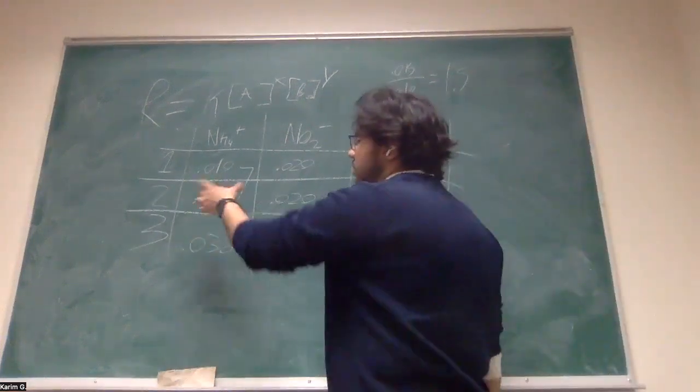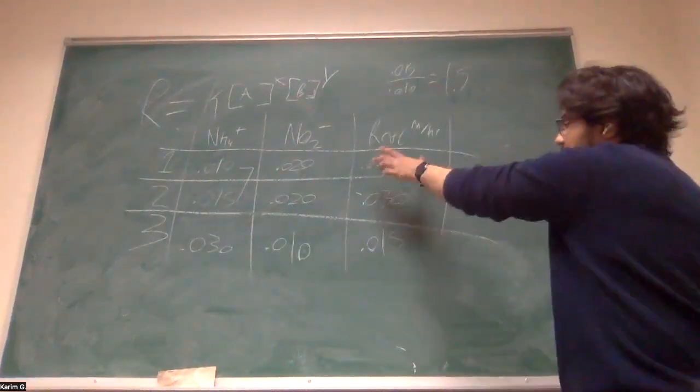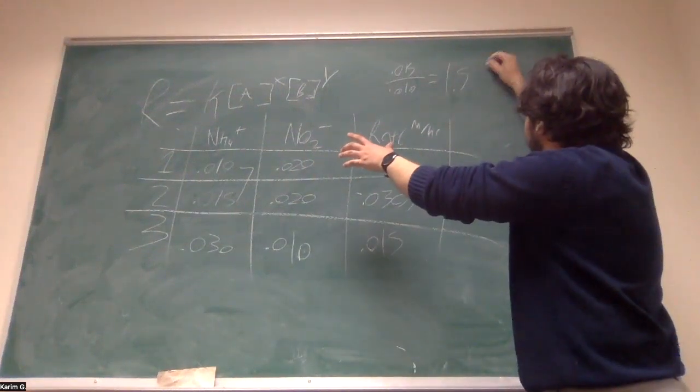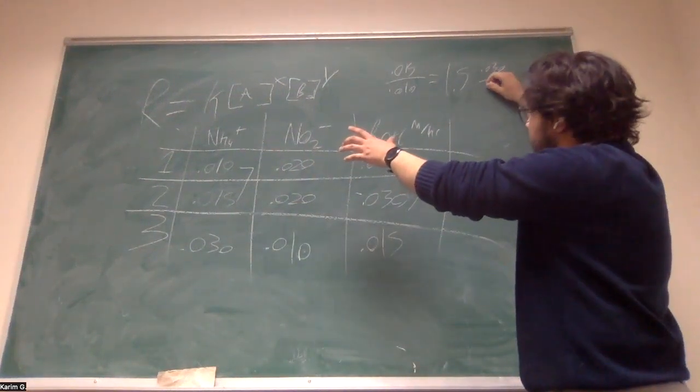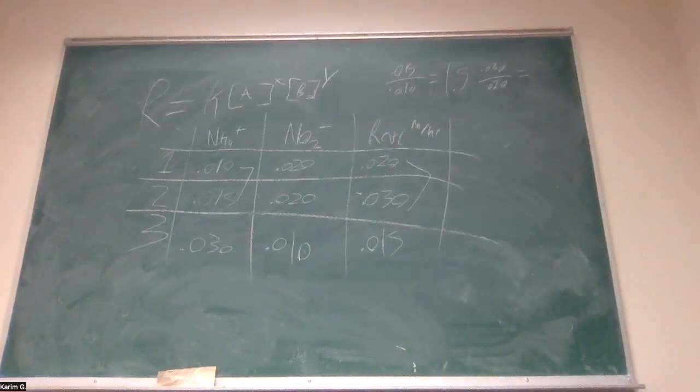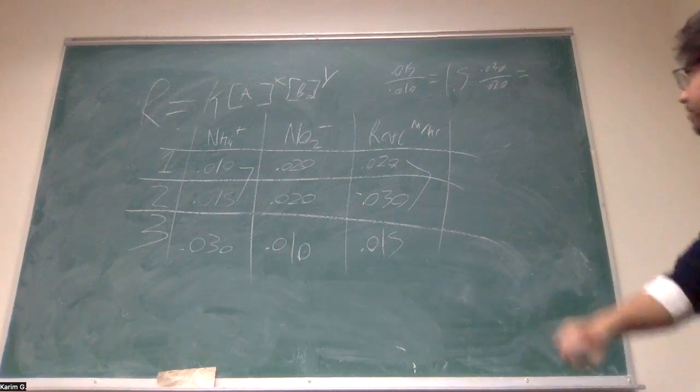Since we did 2/1, we have to do the same with our rate. So 0.030 over 0.020 gives you 1.5, right?